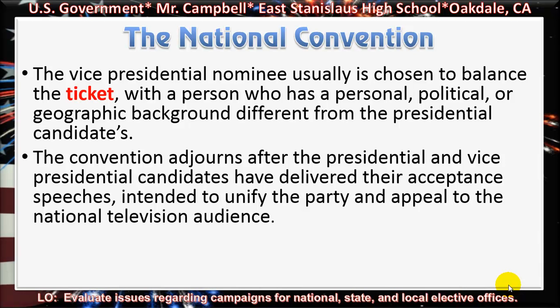But really, it marks the beginning of their campaigning. Once they finish their convention, they're going to hit the road and start campaigning as a team, both the president and vice presidential nominee. And so their speeches are designed usually to once again rally up support, play well to the television audience, and help rally the base.